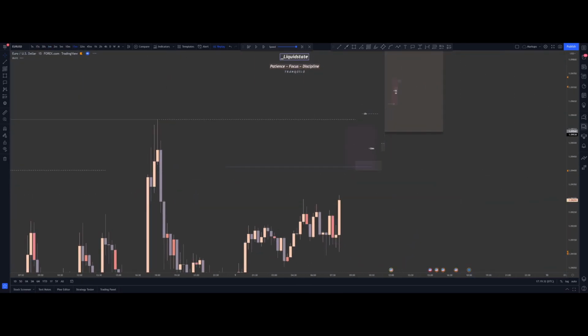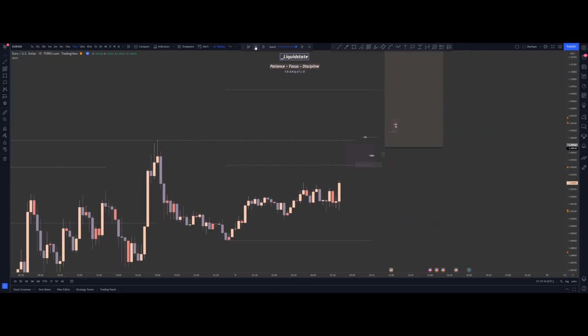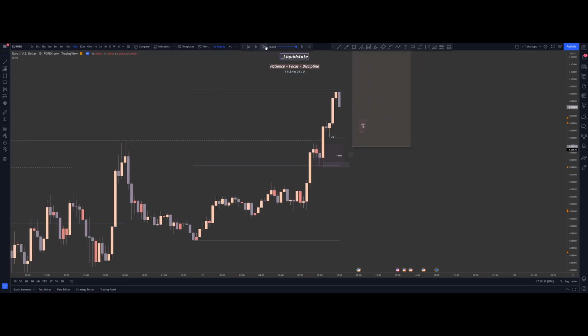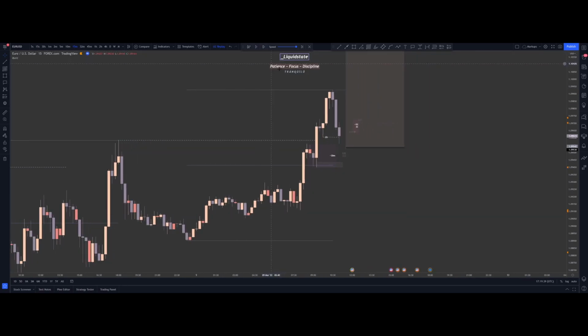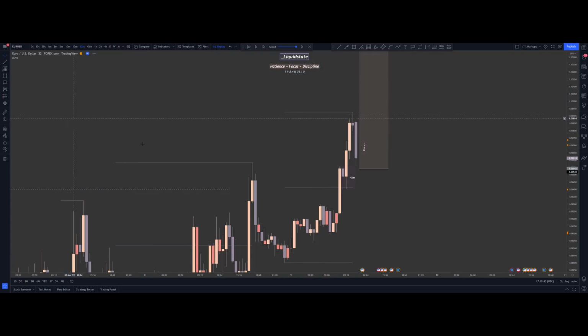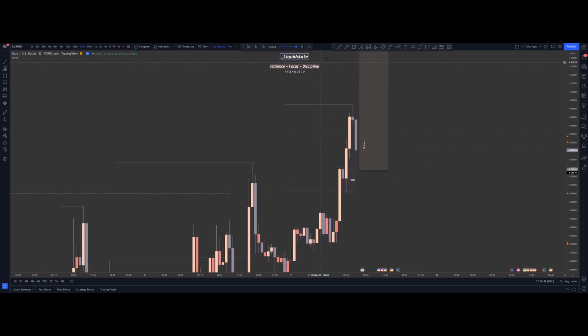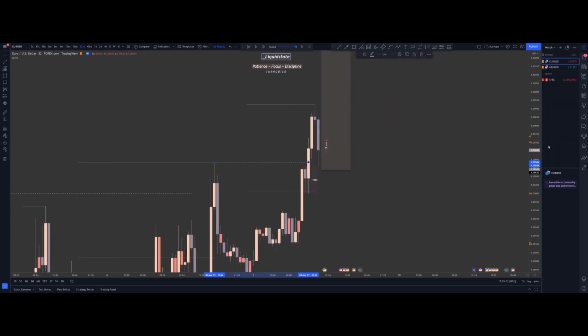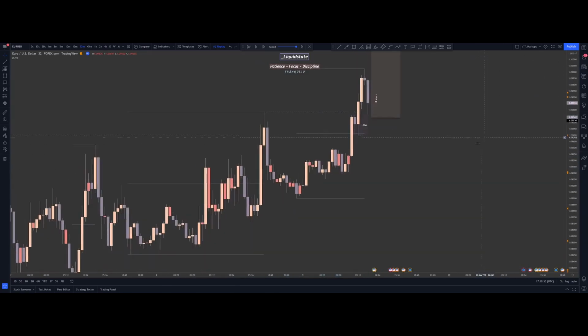Let me actually get to my trade now. I think this is a 32. Yeah, it's super clean on the 32 minute. What's happening is we reacted to the final area of supply up here.